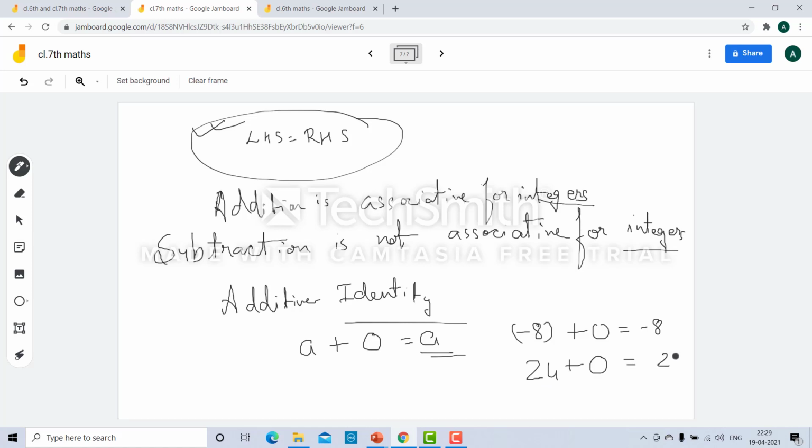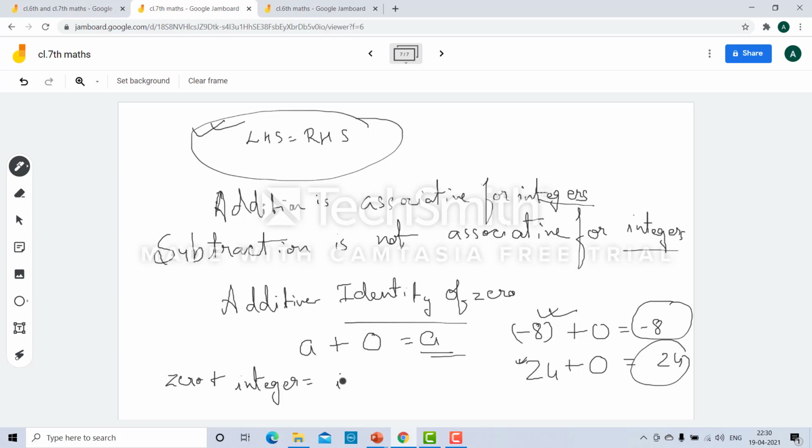In both cases, children, we get the integer itself. So it is called the additive identity 0. That means when 0 is added to any integer, we get the integer itself. It keeps its identity. So 0 is the only term which, when added to an integer, gives the integer itself.